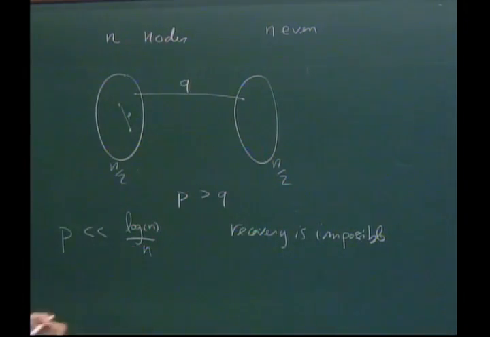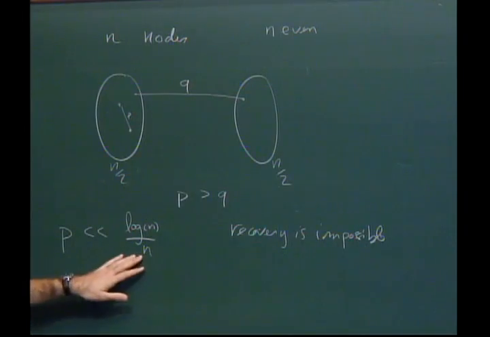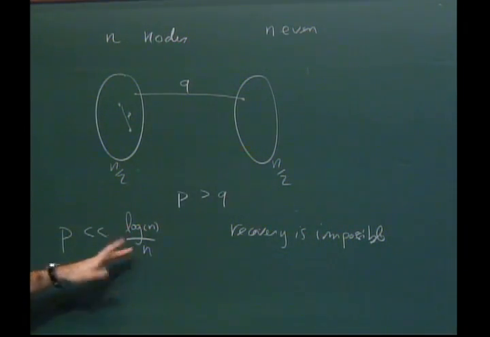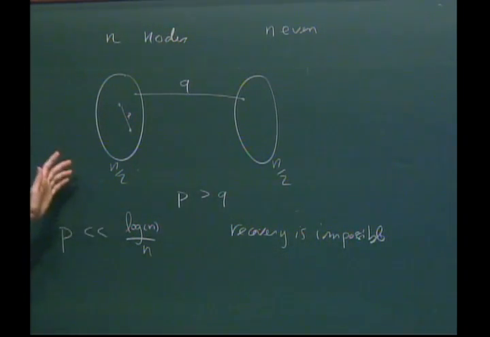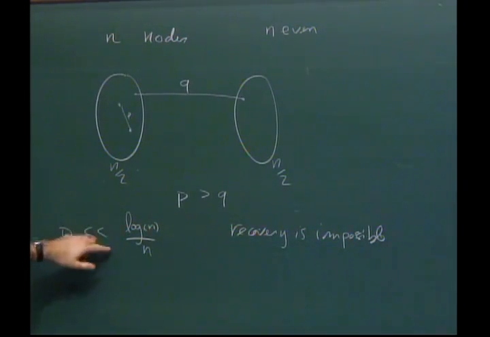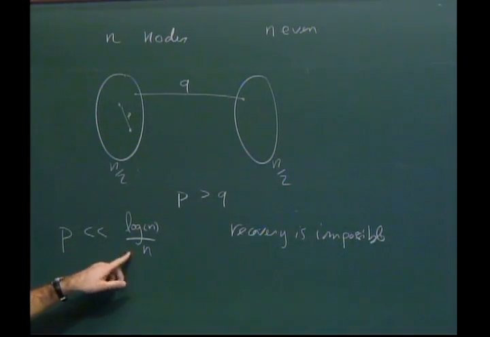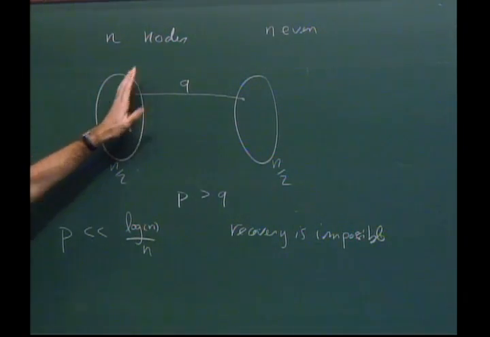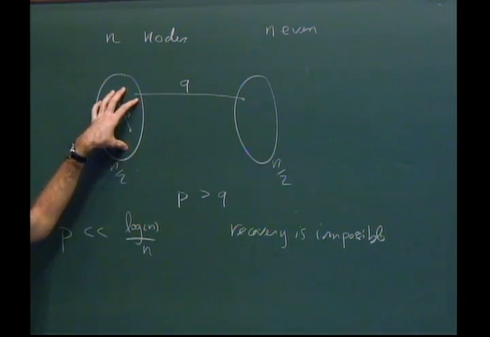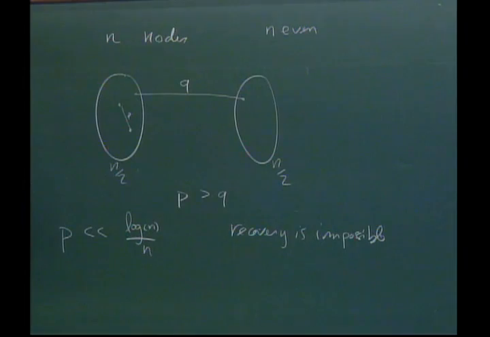The issue is that if p is much smaller than log n over n, this graph is going to be disconnected. It's going to have an isolated point.